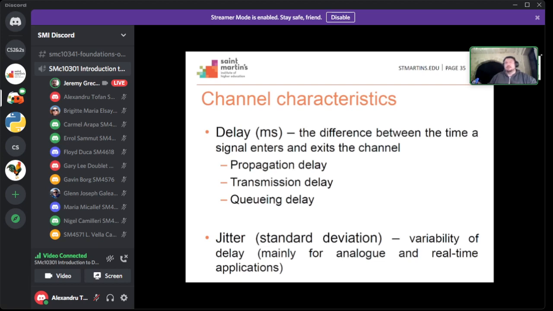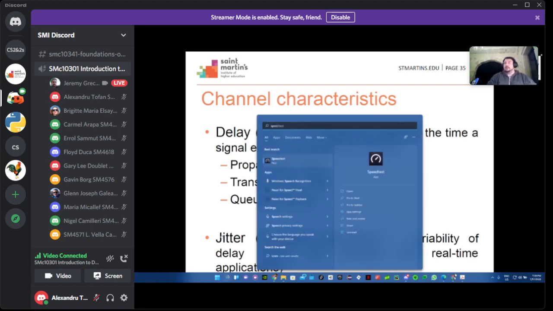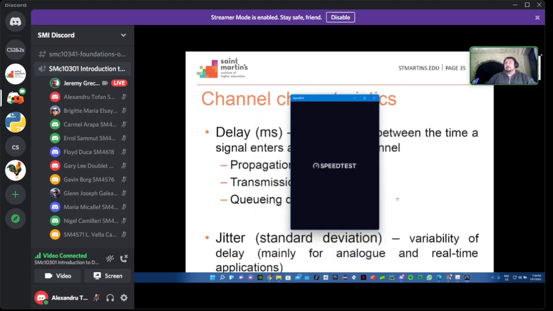In fact, if you ever try to measure your speeds, probably you've made use of stuff like this in the past. One of the things that is actually being calculated would be, for instance, your jitter.